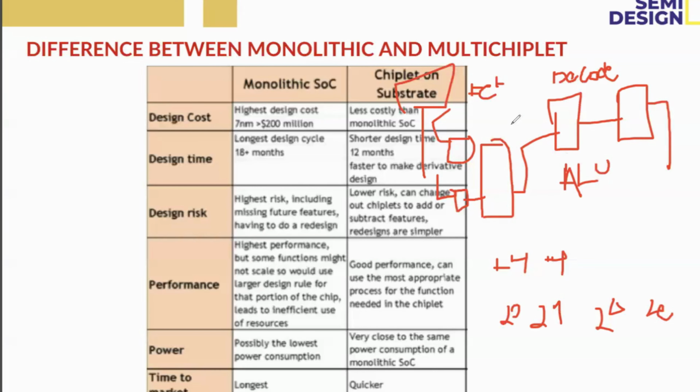Pipeline is nothing but, suppose while fetching the data, next it will go to the decode. While decoding the data, the next instruction is fetched. When the first instruction is in the execute stage, the second instruction will come to the decode stage, and the third instruction will come to the fetch stage.